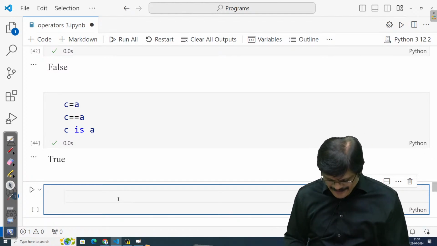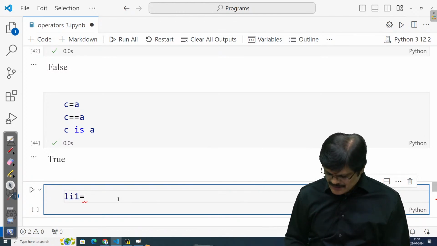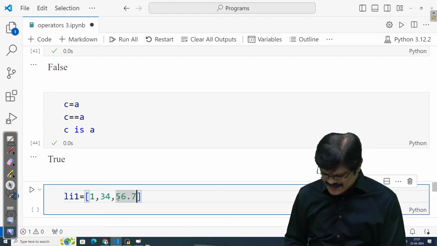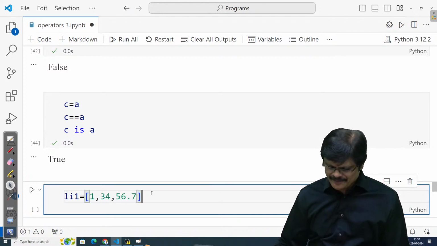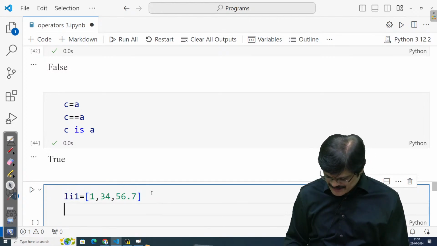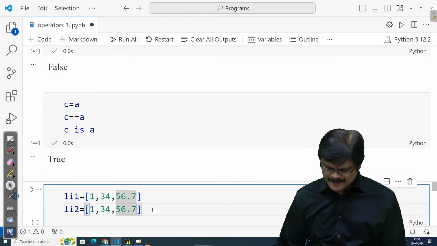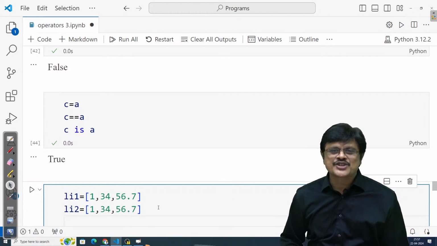They are very, very useful with sequences. For example, I have list 1 as 1, 34, 56.7. Please note that with floats, sometimes it may behave differently. I have list 2 as 1, 34, 56.7. Now I have two list objects.